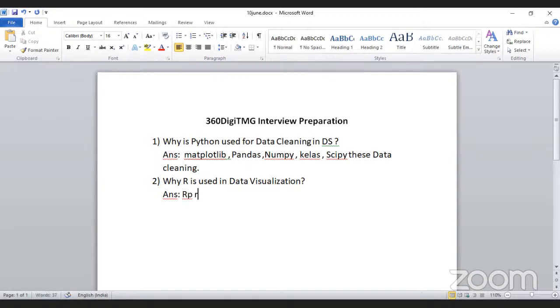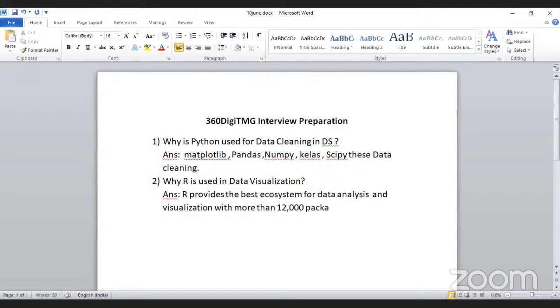Why are we using R? Because R provides us the best ecosystem for data analysis as well as visualization too, with more than 12,000 packages.